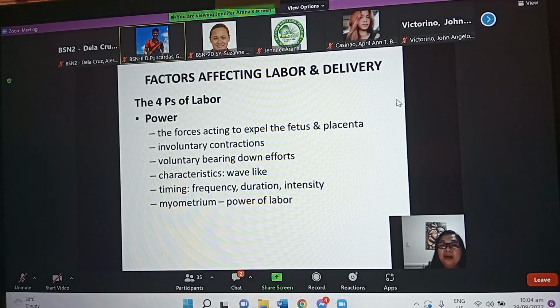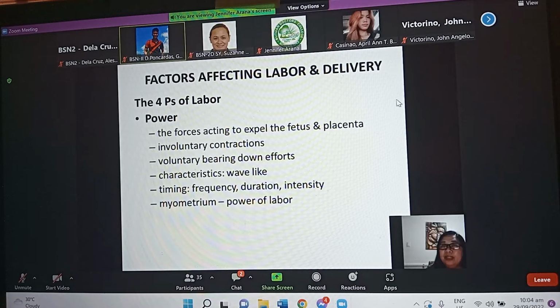Okay? One power of labor. Ang involuntary contraction of the uterus ug ang voluntary nga pag-ire sa mother or the bearing down efforts of the mother. So characteristics of the contraction of the uterus is wave-like.